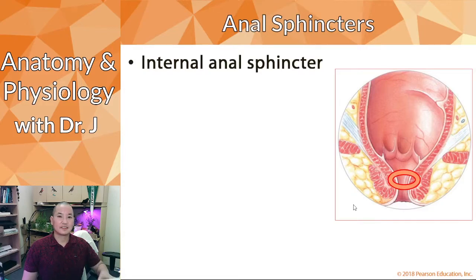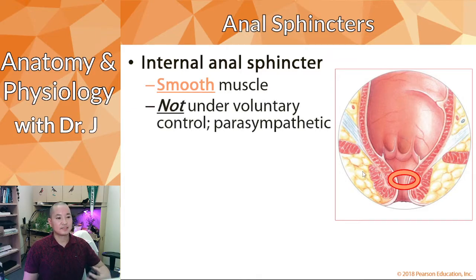But what's the whole point of this? Well, you have those two anal sphincters, and the internal anal sphincter is made out of smooth muscle. Why is that important? Well, smooth muscle is not under voluntary control, so you can't tell it to contract or not. It is controlled by parasympathetic nerve fibers from your autonomic nervous system, and again, if you forgot what that is, go back to my previous lectures about that.